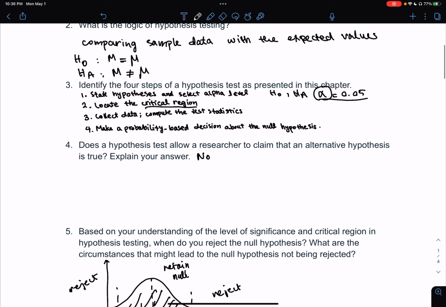So question 4, does a hypothesis test allow a researcher to claim that an alternative hypothesis is true? Explain your answer. So this is referring to the case where we reject the null.